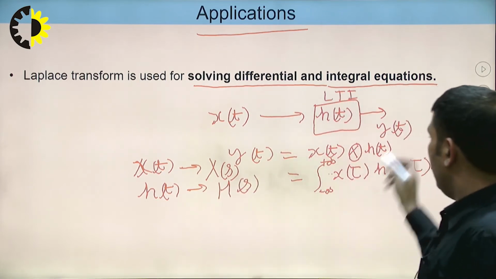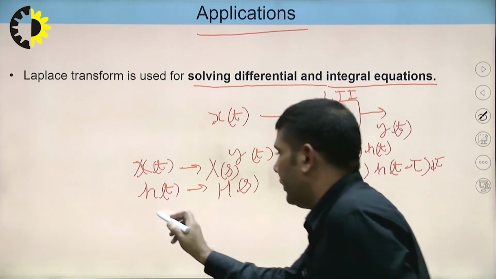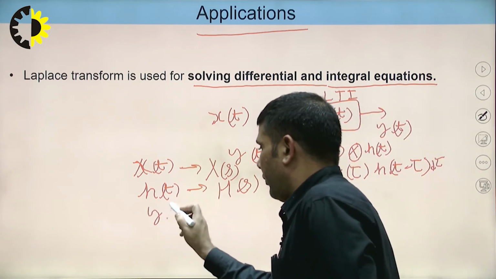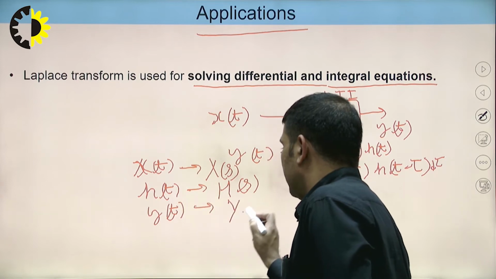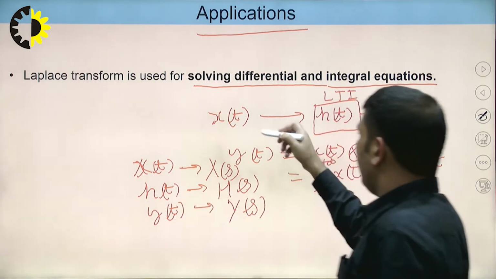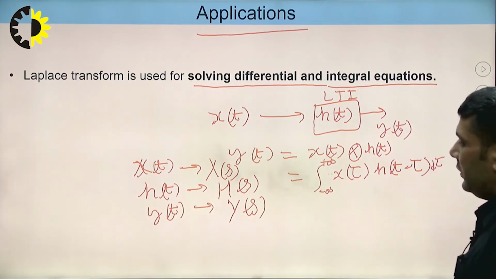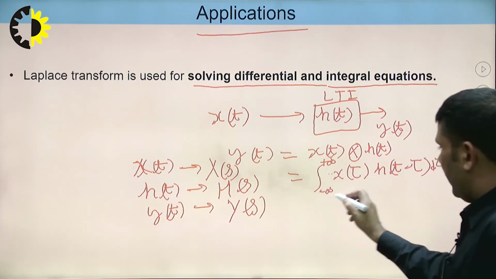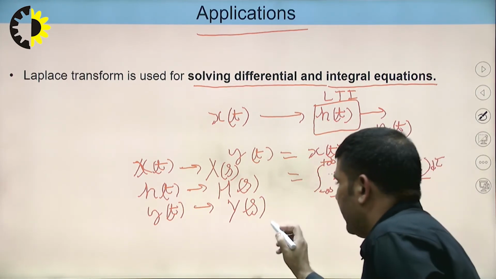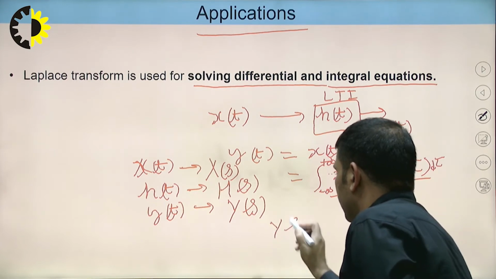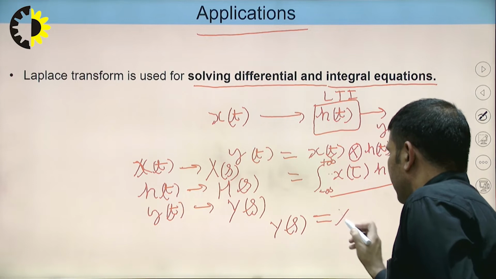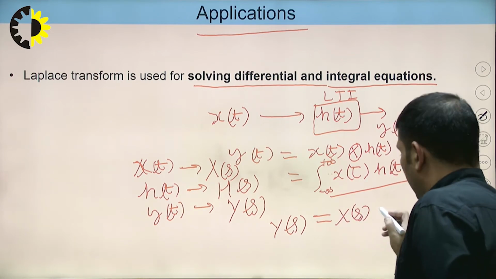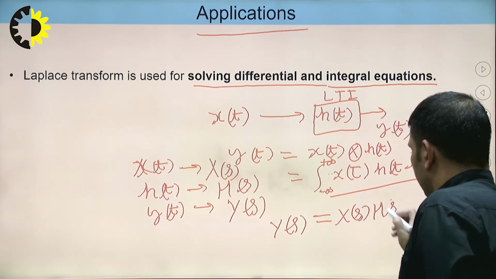Okay, and similarly you can find out yt. yt will be equal to the Laplace transform, capital Ys. If you find out the Laplace transform for these three variables, then this type of equation will basically convert into simply this equation: Ys is equal to Xs into Hs.